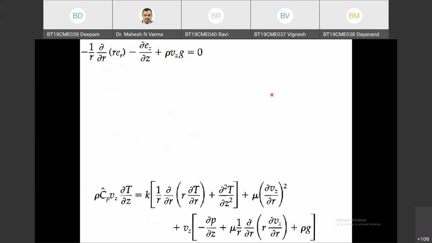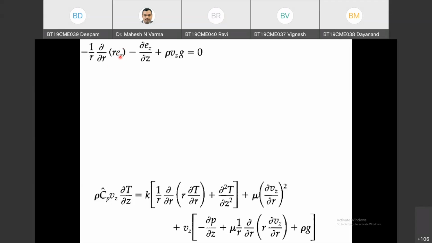Now you substitute the definition of ER. Already we have discussed: this is combined energy flux, which will have convective energy flux plus conductive energy flux plus work associated with molecular transport. Combined energy flux will have 3 components.